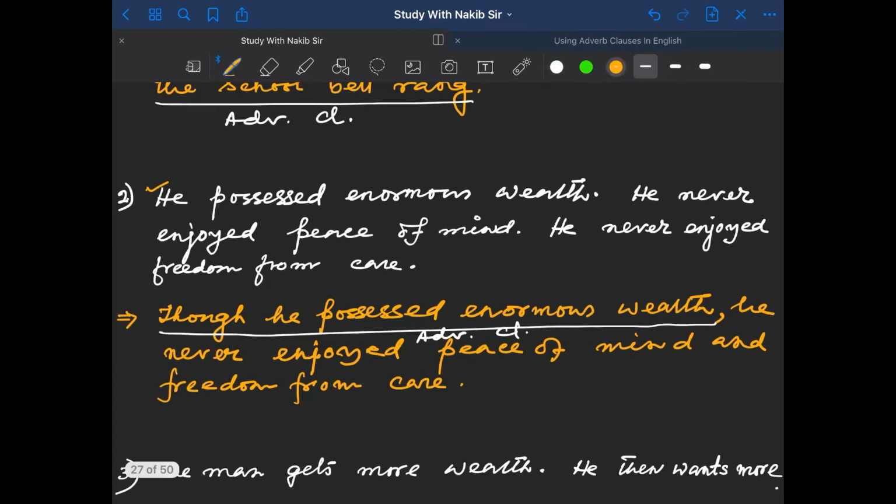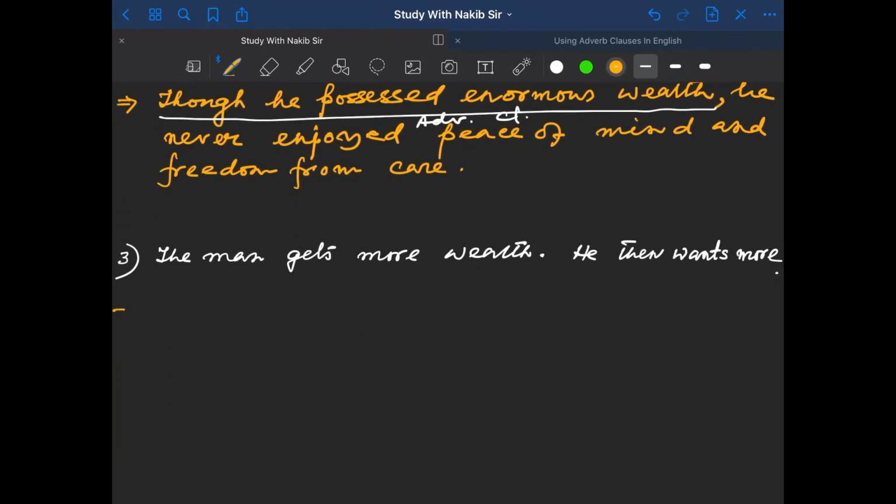Okay. Now number 3. The man gets more wealth. He then wants more. See the answer.